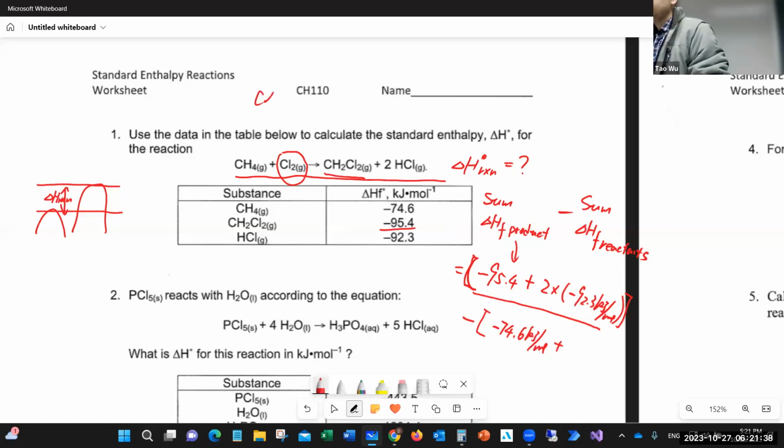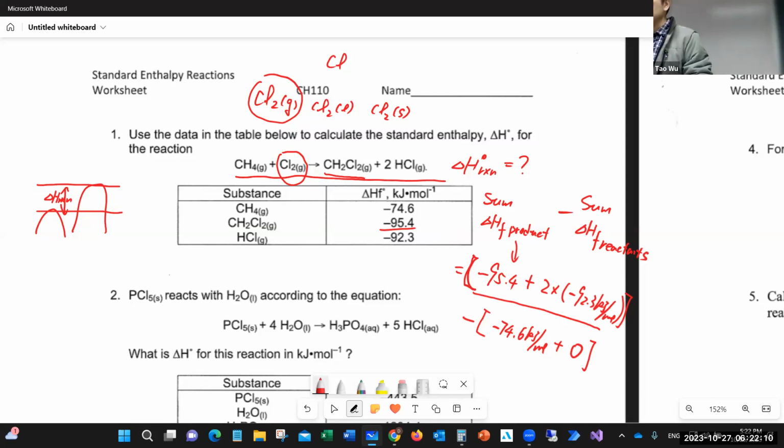Chlorine could be a gas, liquid or solid, but in standard conditions we can only have chlorine gas, and it's diatomic, not single chlorine atoms. So this is the most stable form of the element chlorine, and obviously it is 0. That's why the enthalpy of formation of chlorine here is 0.